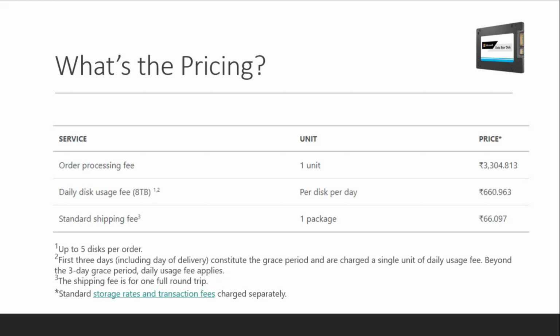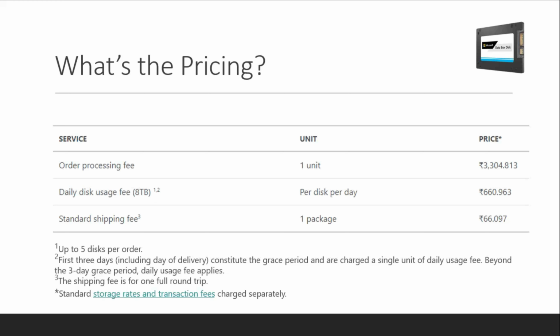For one unit, there is an order processing fee. This is the rack price, and it might keep changing. Request you to check the prices online or with your cloud solution provider. The daily disk usage fee: per disk per day there would be a charge. Now you might be asking, what is the per disk per day charge?